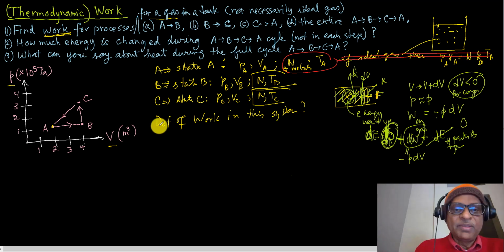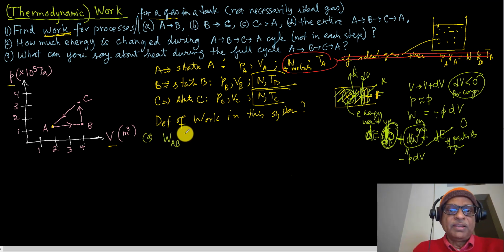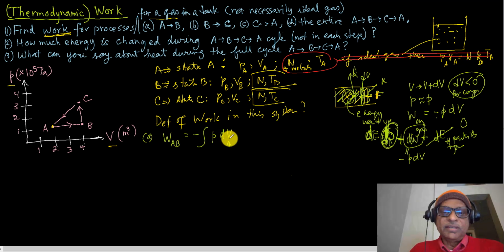So the work in any process, if I go, let's do the AB process, will be minus the integral of P dV, where V is the integration variable going from VA to VB.